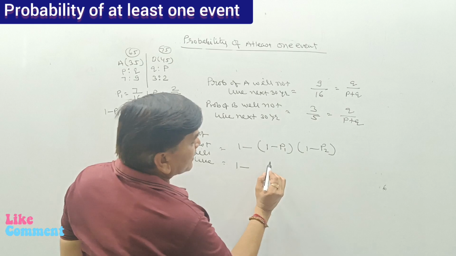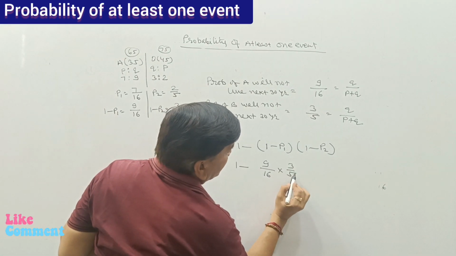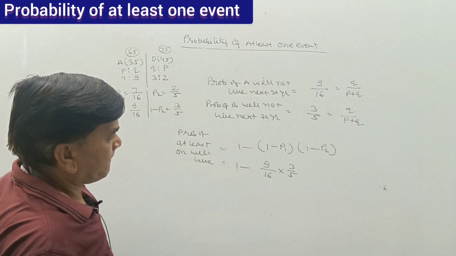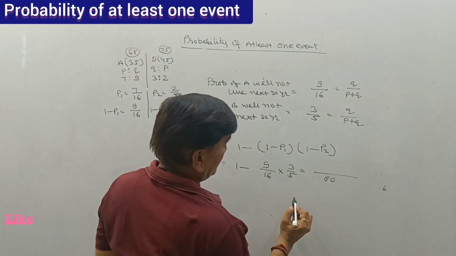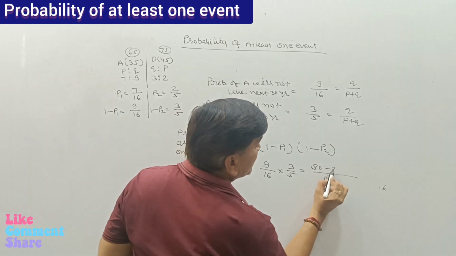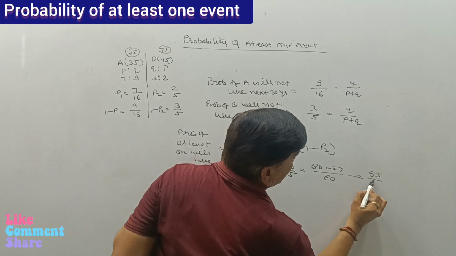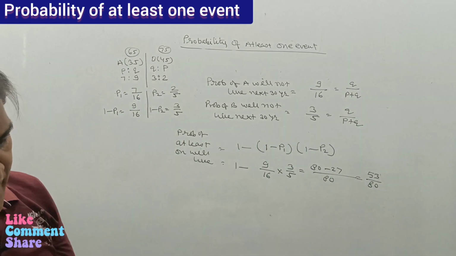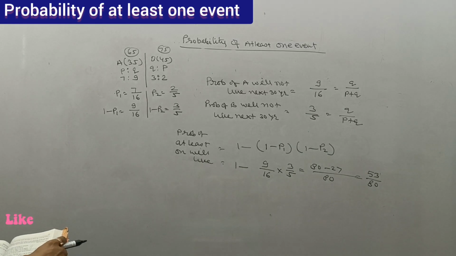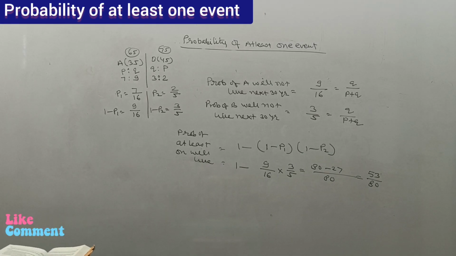So that is 1 minus 9 upon 16 multiplied by 3 upon 5. So LCM will be 80. 80 minus 27. So the probability is 53 divided by 80. The answer of the probability will be 53 divided by 80. Okay.